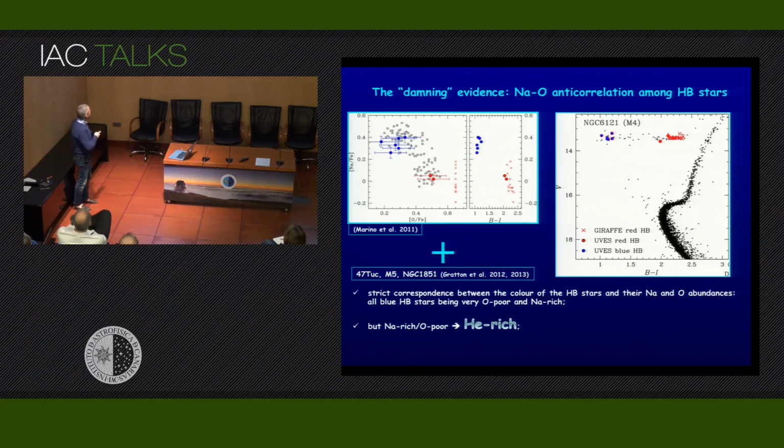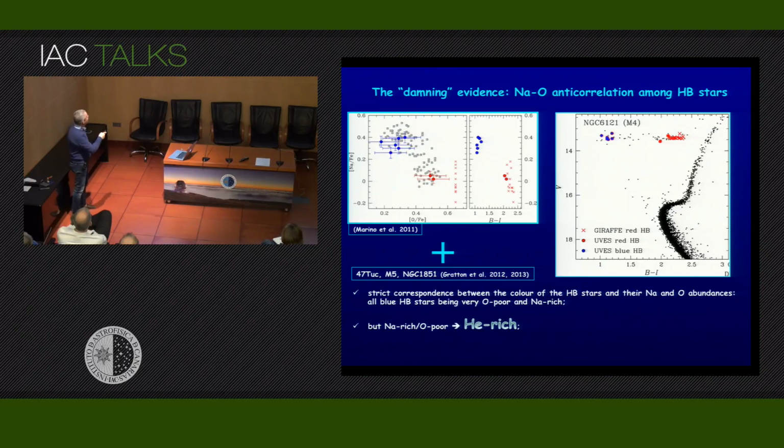Okay? And also this has been confirmed in many other clusters, 47 Tucanae, M5, NGC 2808, as we will see, and so on. So there is a one-to-one correspondence between the presence of the oxygen-sodium anticorrelation and the distribution of stars along the horizontal branch, in the sense that the hottest stars appear to be the stars belonging to the, let me introduce now, second generation, the one that we expect to be helium enhanced.